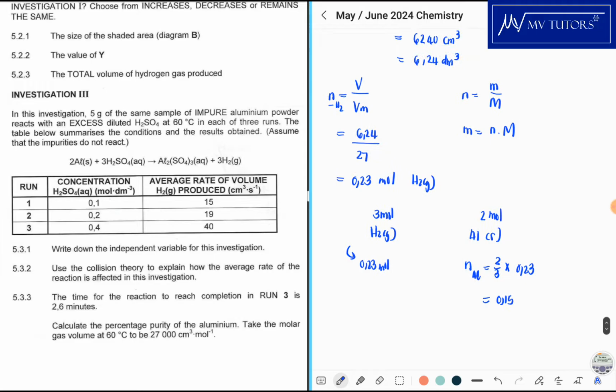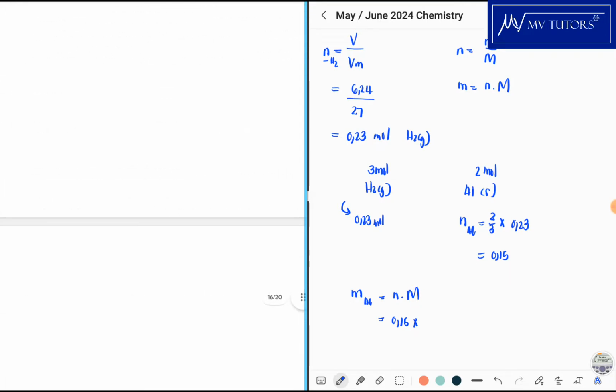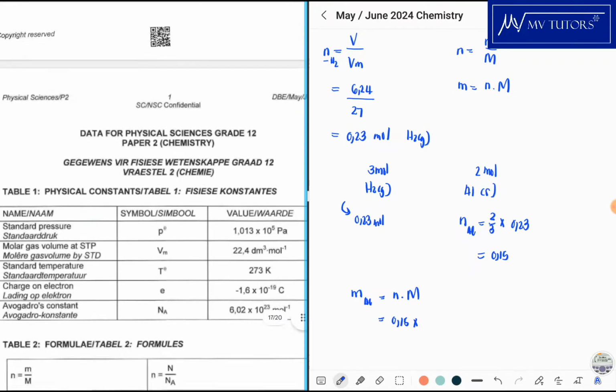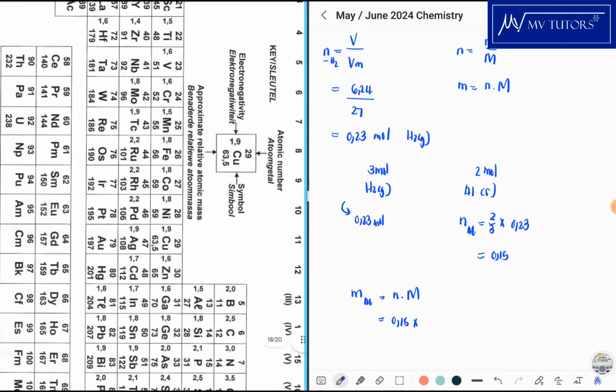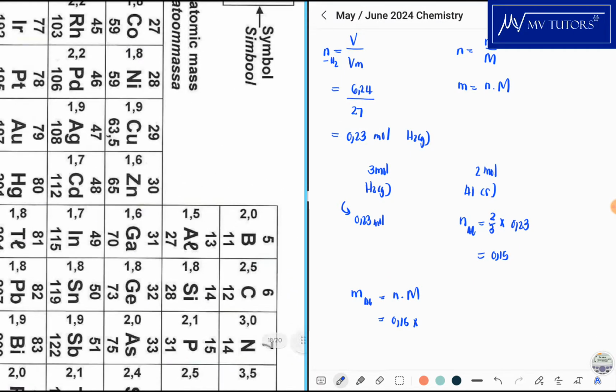So now ultimately we can get the mass of aluminium, which is number of mole times molar mass. So we have 0,15 multiplied by the molar mass. Let's check on the periodic table what the molar mass for aluminium is. I don't know if you see here, the second block from your right, aluminium just under boron is 27.